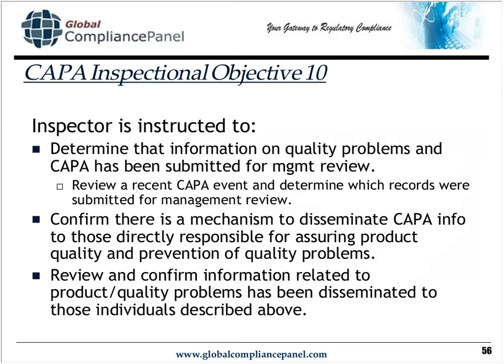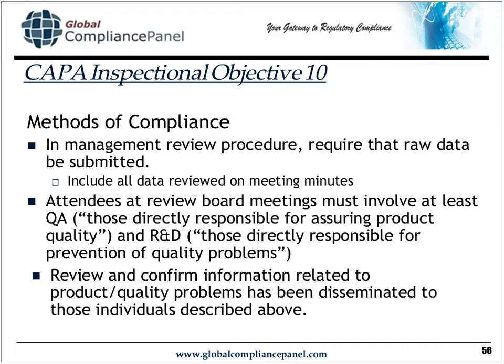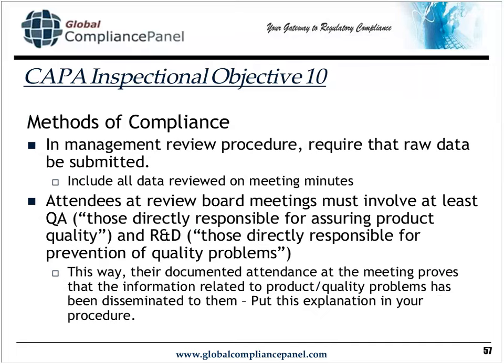And something else that's very important is you've got to have something in place to disseminate your CAPA information to those directly responsible, this is a quote, for assuring product quality and prevention of quality problems. And the inspector is also going to look for evidence that this information has been disseminated to those individuals that it's required to be.